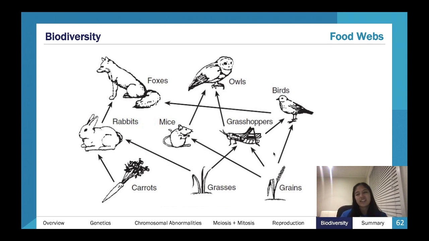It depends on your teacher, it depends on your SACs, but often you're asked to interpret them as opposed to drawing them, but you may be asked to draw them as well. So in terms of your arrows, you're pointing towards the organism that's eating the other. So your grains are eaten by your birds, which are eaten by your foxes, which eat your rabbits, which eat carrots, which eat grass, etc. So it's just important to understand the way that the arrow goes.